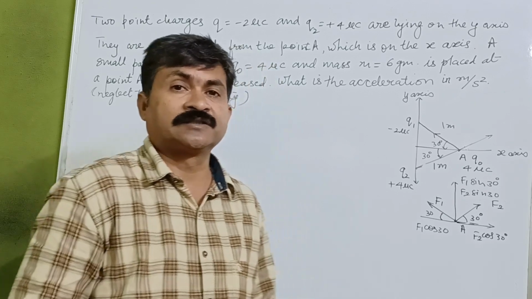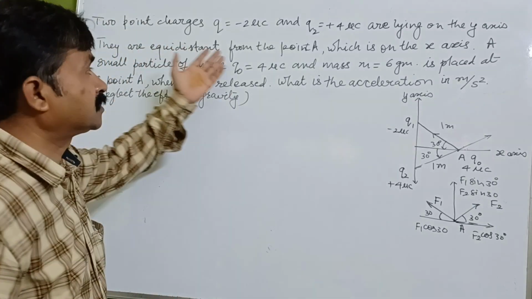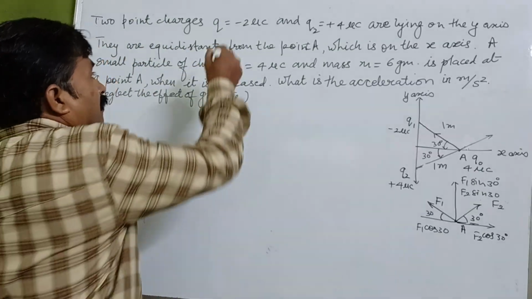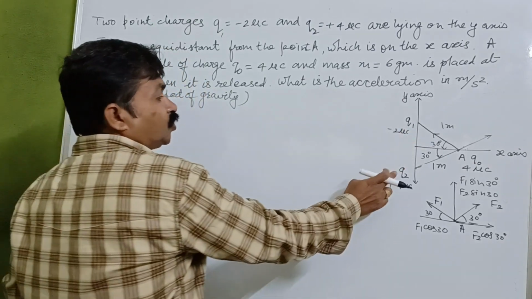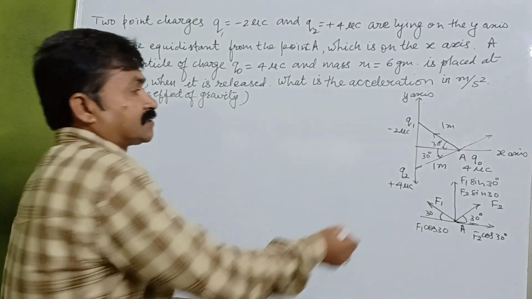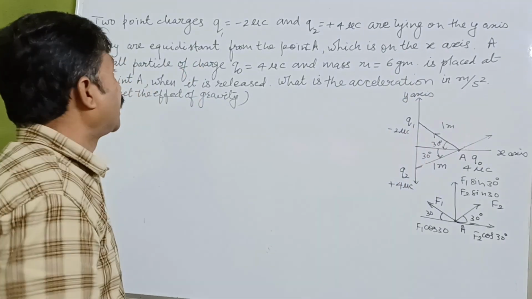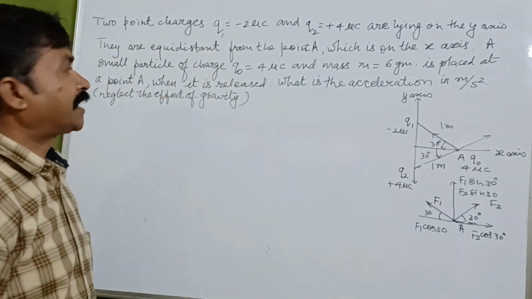Now, a similar question which we have here: two point charges, Q1, which is minus 2 microcoulomb, placed here, and Q2, 4 microcoulomb, are lying on the y-axis. They are equidistant from the point A, which is on the x-axis.